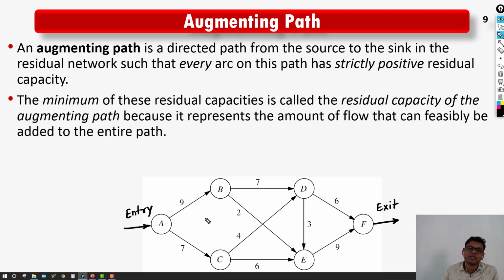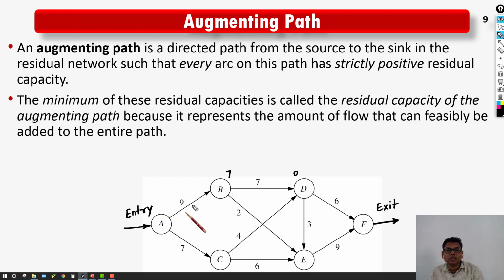As we told in the previous example, what is the residual capacity? See here, right now from B to D, how many residual capacities? This is 7 and 0. Whatever is written on the left side, that is the residual capacity. So B to D has positive residual. This 7 is strictly positive. Strictly positive means it should not be 0.